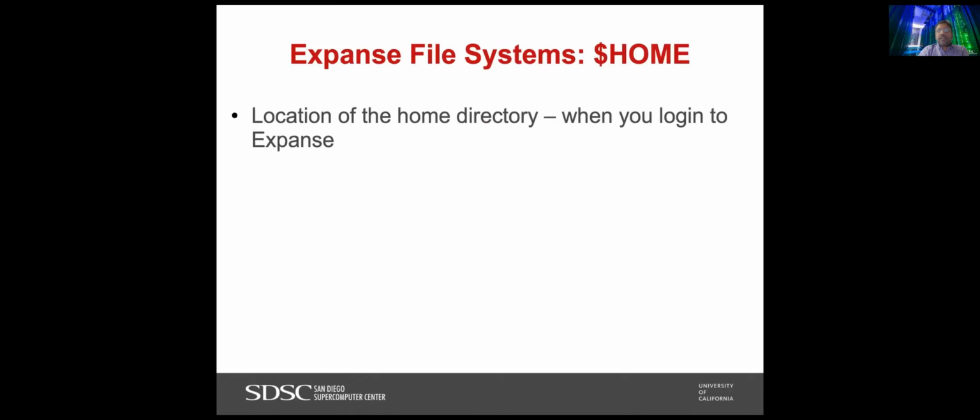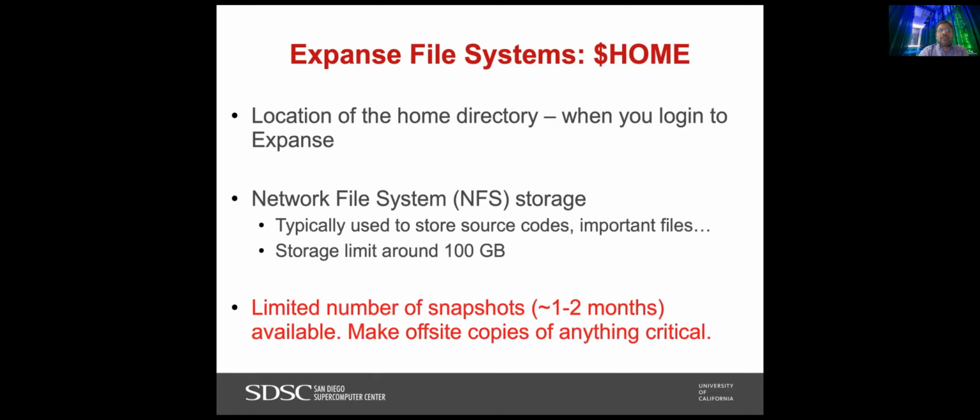So starting off with the home file system, this is basically where you land when you log into the Expanse login node. You'll be on your home directory unless you change something in your configuration, but most users don't, and you'll end up in your home directory.